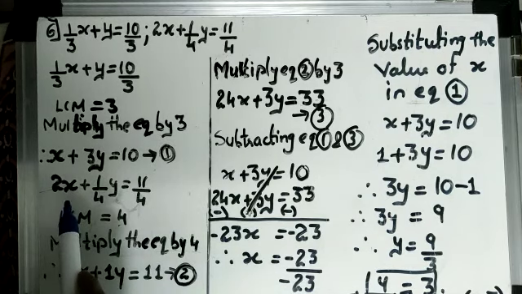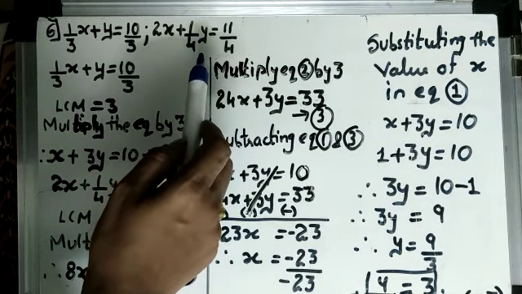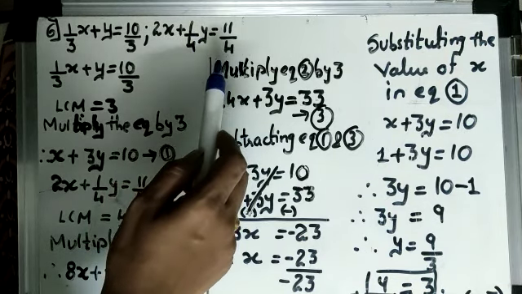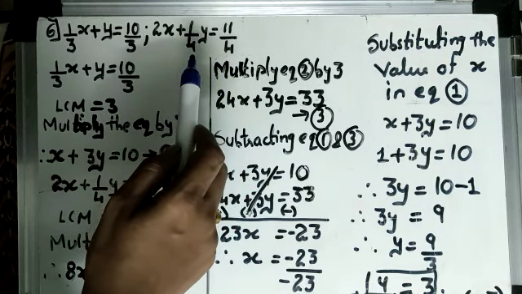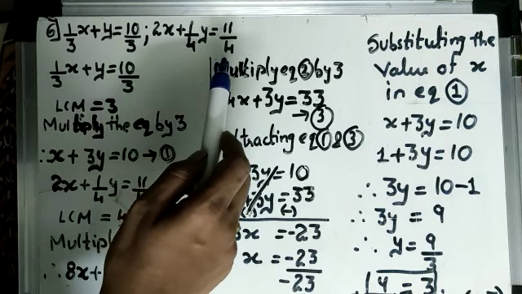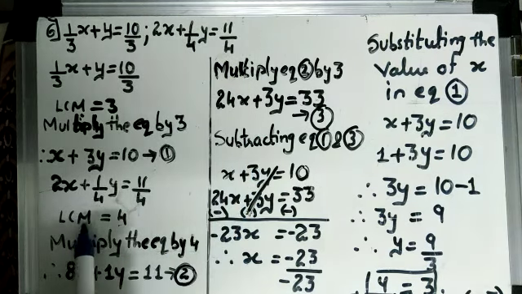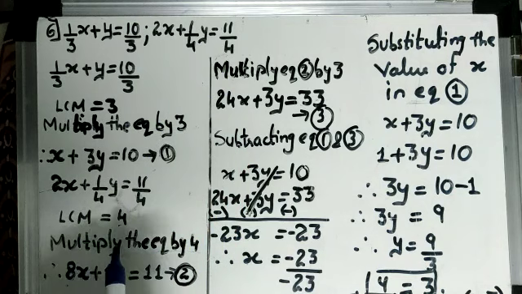Then I'll go to the second equation given to you. Again, in the second equation also, they have given fractions, and the fractions have a common denominator, that is 4. So my LCM will be 4. Whatever the LCM is, as I just explained, you multiply the entire equation by that LCM.